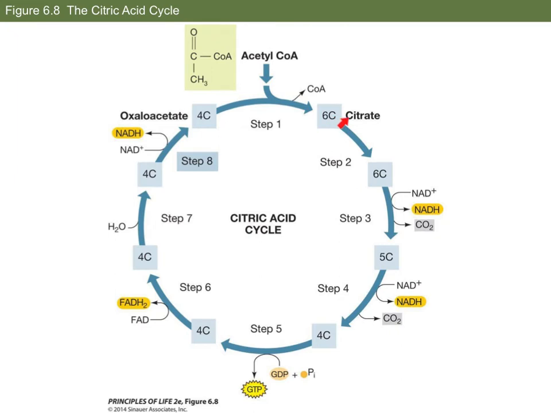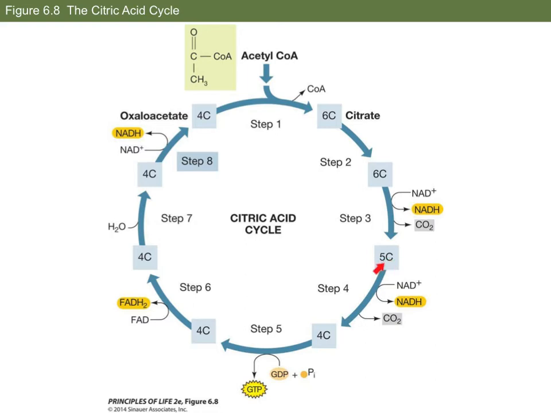Now this citrate is going to be converted into another product that is catalyzed by an enzyme. And then this product becomes the substrate for the next enzyme. And so this is just a biochemical pathway. But what you'll notice is that sometimes we change from a 6-carbon molecule to now a 5-carbon molecule.